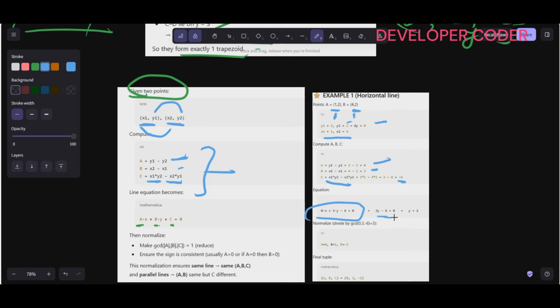In this case you get y is equal to 2, and if you see, a is equal to 0, b is equal to 1, and c is equal to minus 2.